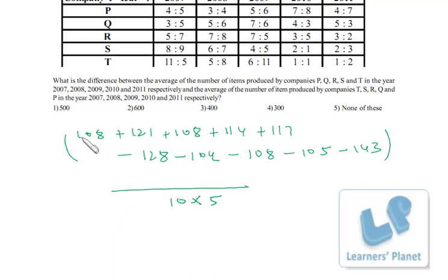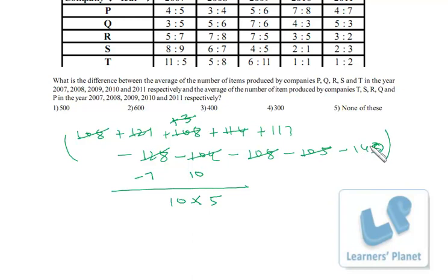Now what we can do, 108 is getting cancelled. It is 121 minus 128, so we have minus 7. Then this is 114 and this is 104, so we have plus 10. Then this is 108 and it is 105, so we have plus 3. Then 117 positive and 143 negative, or if we remove this, we have 140 negative.